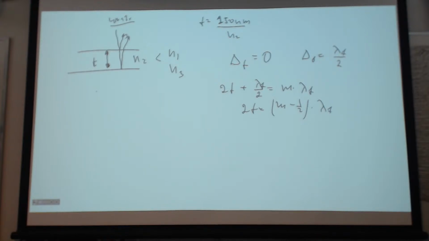We know the thickness: 150 nanometers divided by N2 should be equal to M minus a half times the wavelength in the vacuum divided by N2. So the wavelength should be equal to 300 nanometers divided by M minus half.